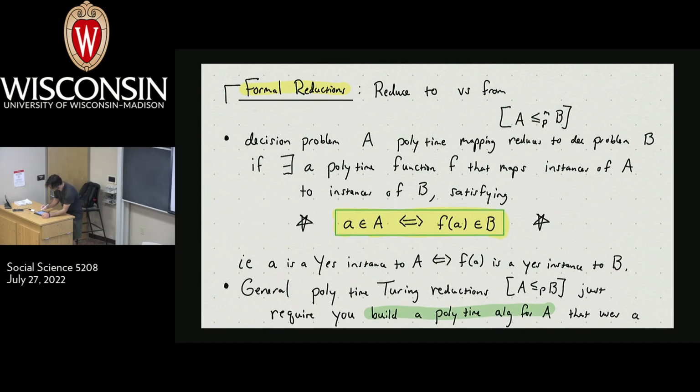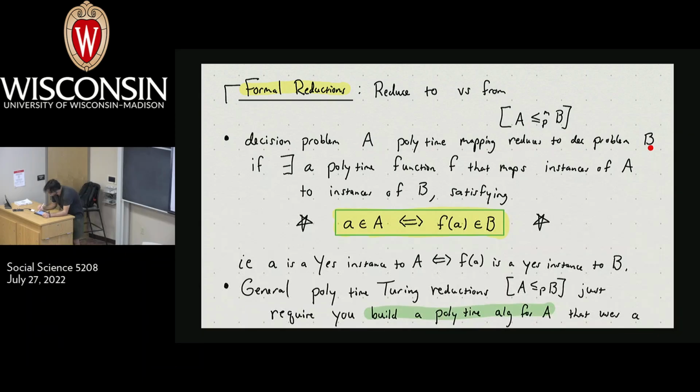If you have a decision problem A, we say A polytime mapping reduces to a decision problem B, and that's denoted like this: A ≤ B, but now there's a P and an M to indicate it's polytime and it's a mapping reduction.